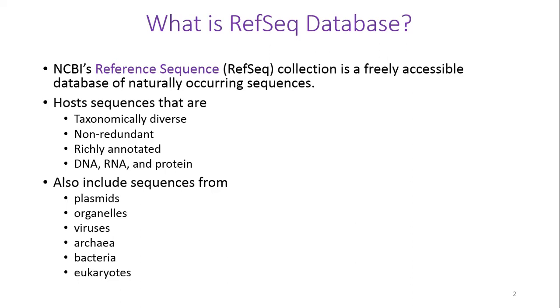All in all, it tries to encompass all types of nucleic acid as well as protein sequences, from different types of organelles and different types of organisms. So this reference sequence database can be considered one-stop shopping, where you should get everything in one place.